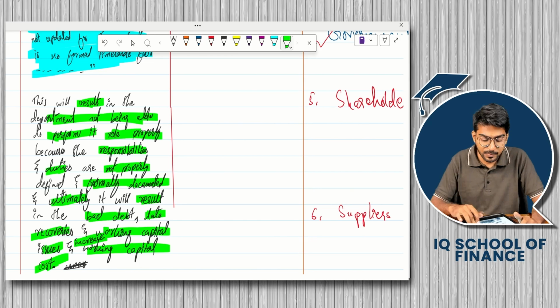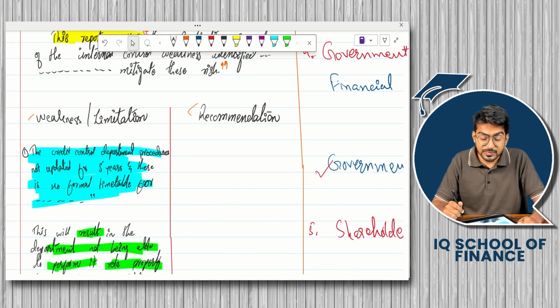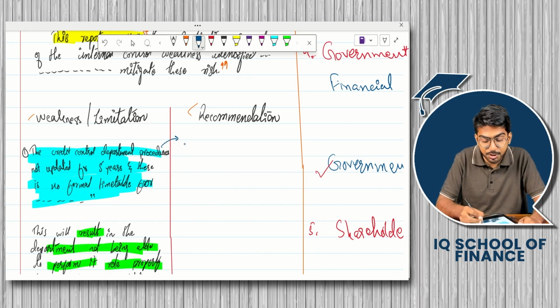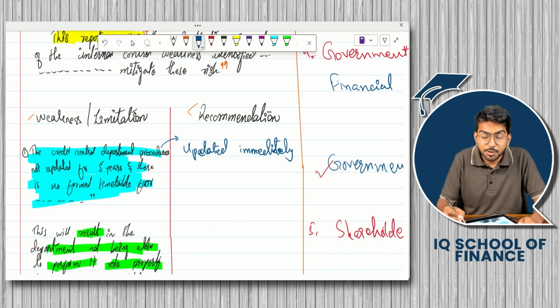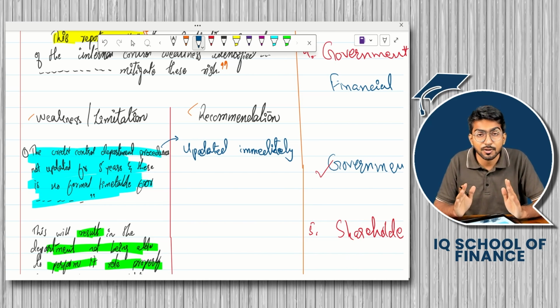Very simple, very straight. What is the recommendation from your side? The recommendation is that these policies and procedures should be updated immediately. Number two, the formal policies, procedures, roles, and responsibilities, and the timetable for each thing should be documented, right?